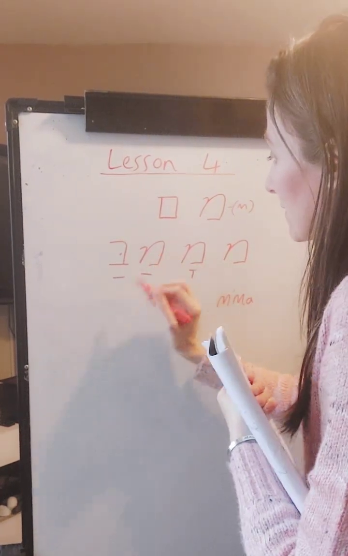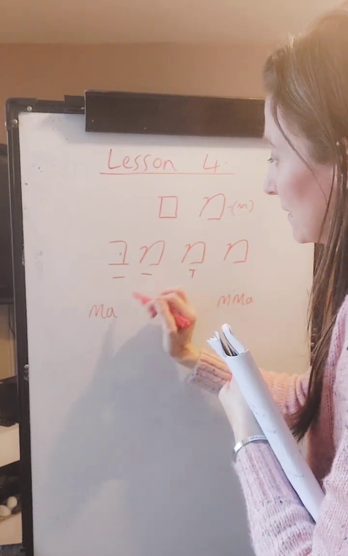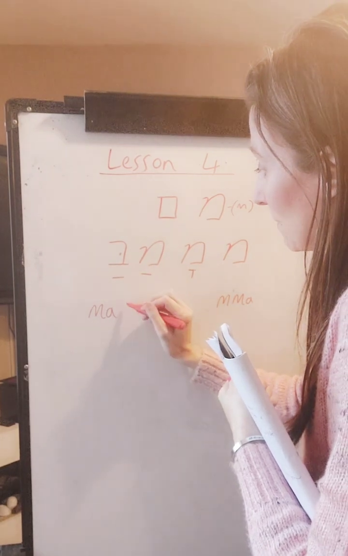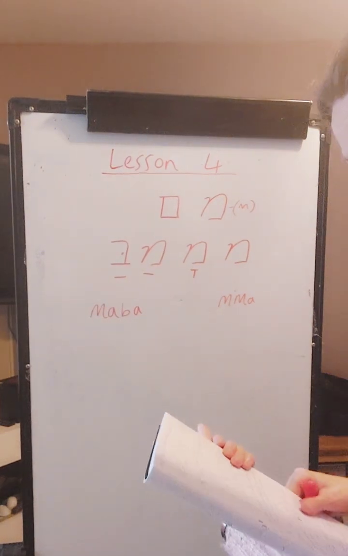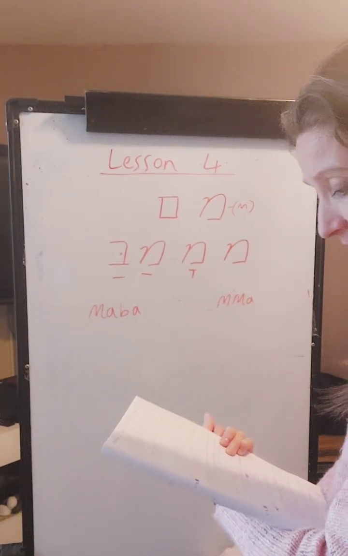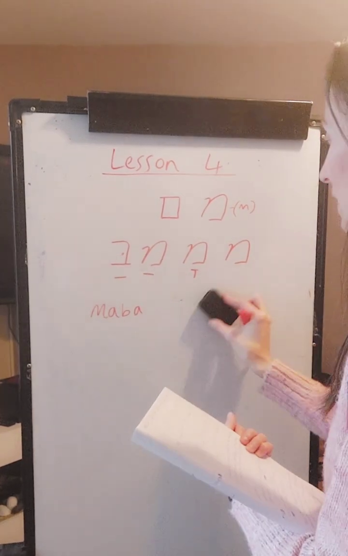And this one is the M again. The A vowel underneath, ma, go to the next letter, which is the B, and the A vowel underneath, ba. Right, so when you have a consonant that doesn't have a vowel, you can't read it separately. You have to blend it with the next consonant, which has a vowel.